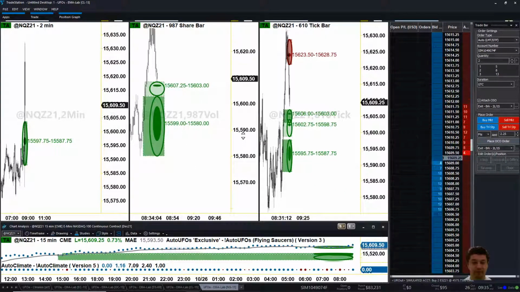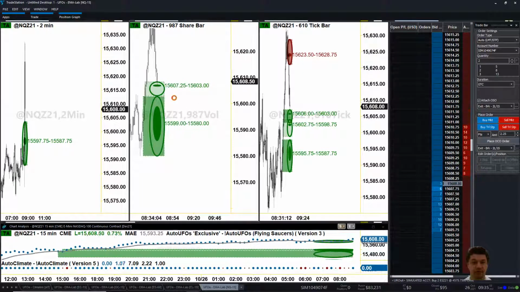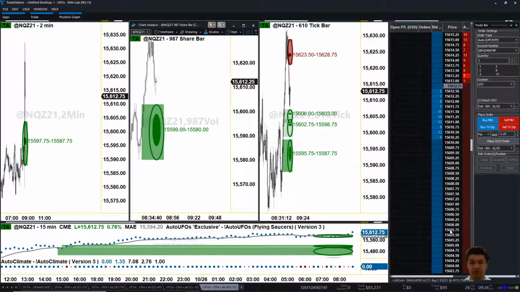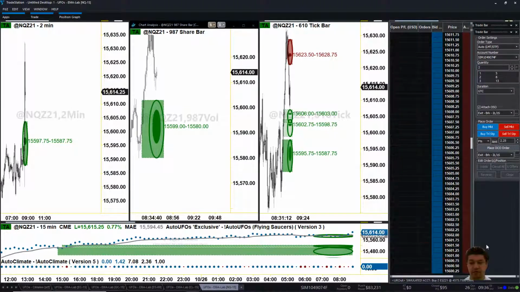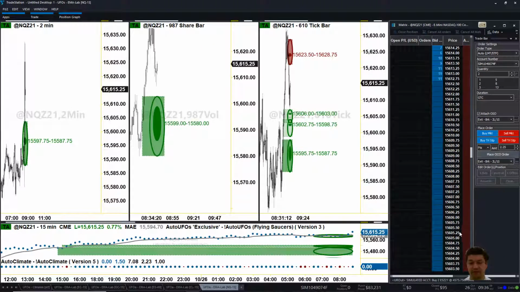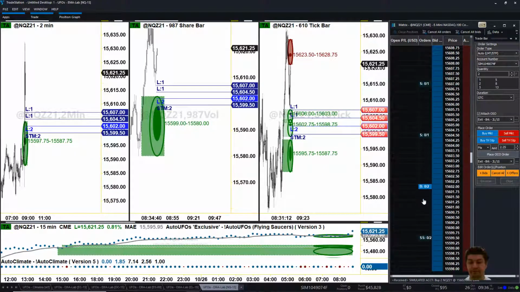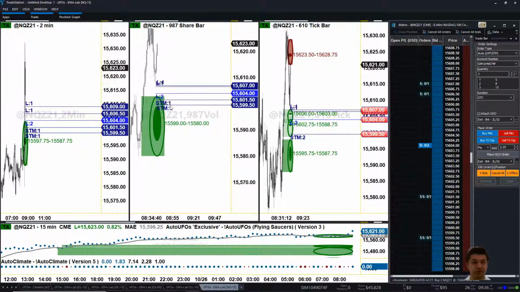Nasdaq pulled back quite sharply with an entry here at 15,602. Now, same thing with the Nasdaq as with the previous one. It's going to be a high risk trade. But the reason why I'm willing to take it is because you could always take this on the micro. Now, let's actually go a little bit higher. Looks like it's 1604 this UFO starts.